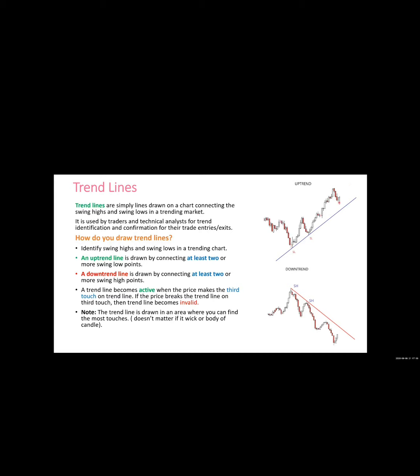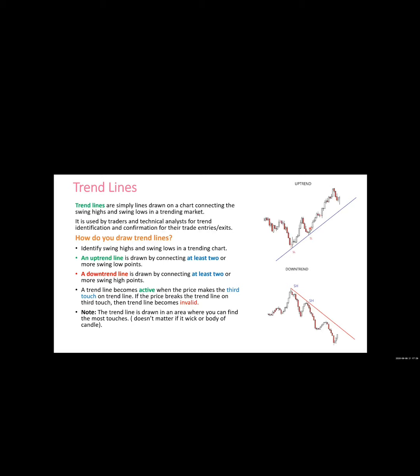Now, if price does not respect this trend line and breaks on the third touch here, this trend line becomes invalid. Okay, a trend line only becomes active on the third touch, and if it doesn't bounce, it's an invalid trend line. Now you will have a lot of valid trend lines and a lot of touches on longer time frames.